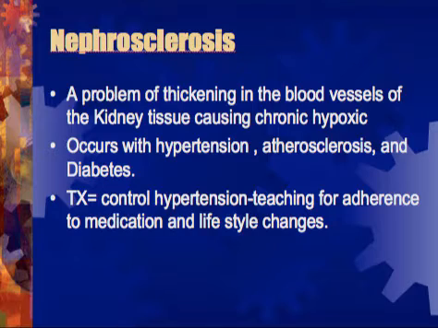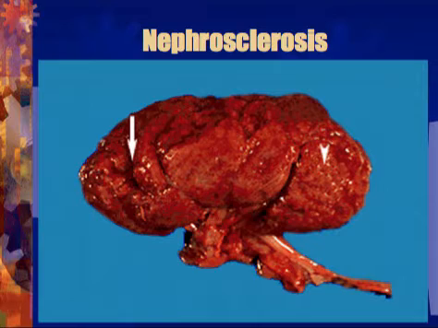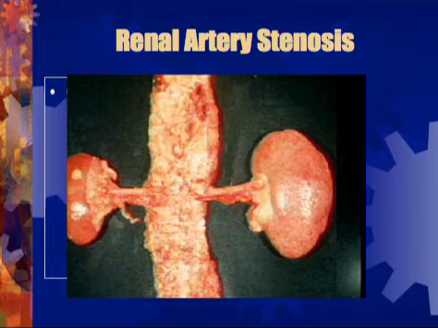It can be accelerated with malignant hypertension, and they're talking about a diastolic greater than 130 millimeters of mercury. Nephrosclerosis is just a pretty picture of a kidney. I don't really see a change in color to indicate maybe the kidney's not getting enough circulation, but it's just a picture of a kidney.